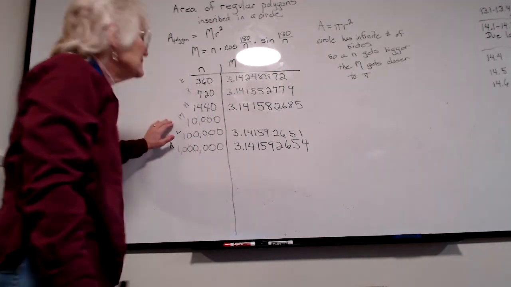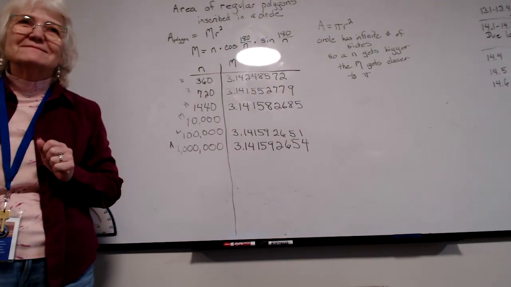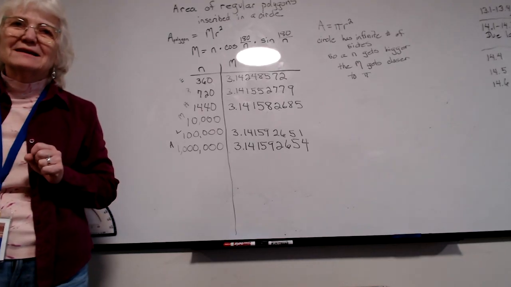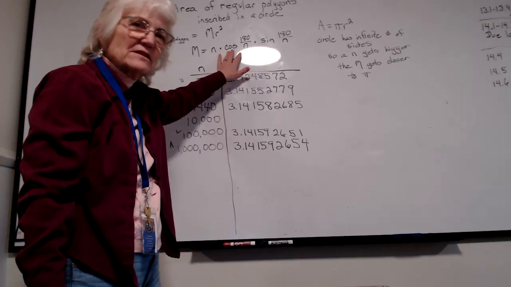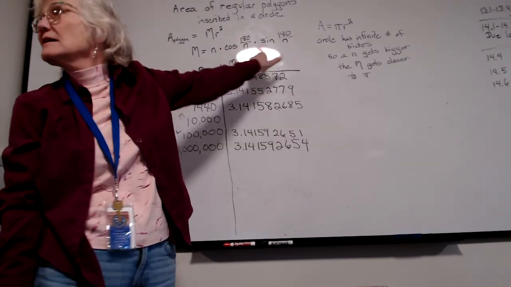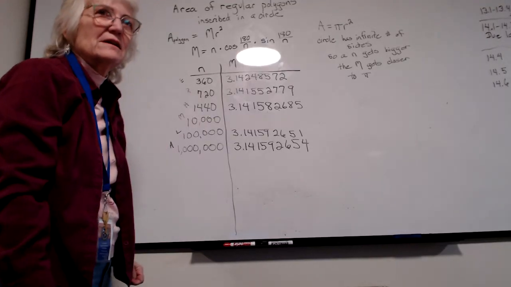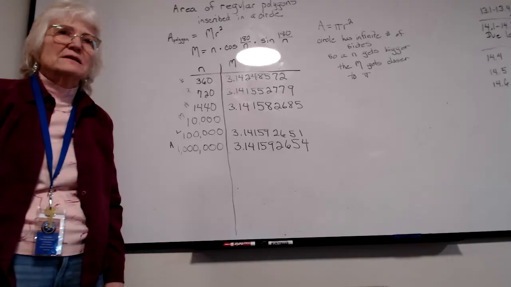Okay, just waiting for Micah. Did you get 3.14 something? No, I feel like I'm doing something wrong because I got like 9 point something. Did you write down the right formula? Take the cosine of 180 divided by n, so that's divided by 10,000. That's your angle, and that's how small the angles are inside your polygon.